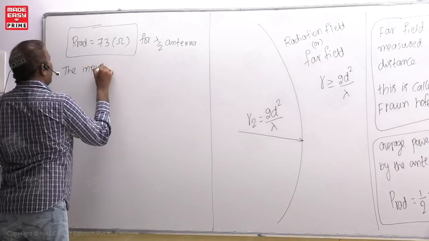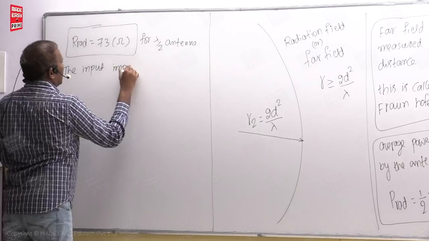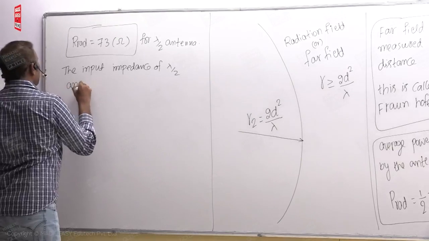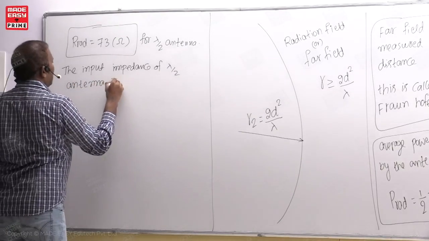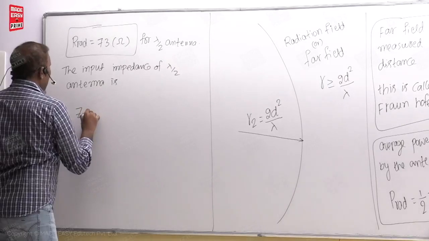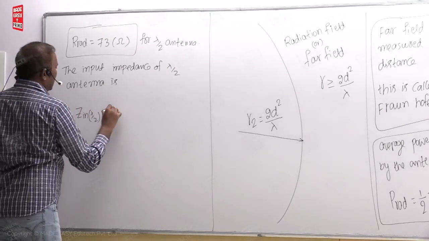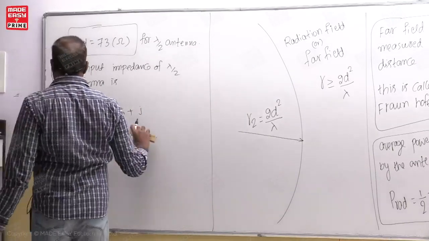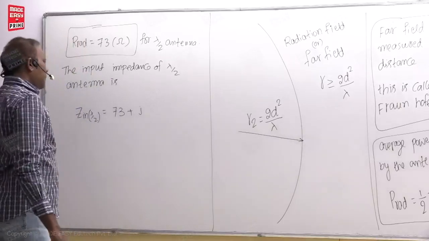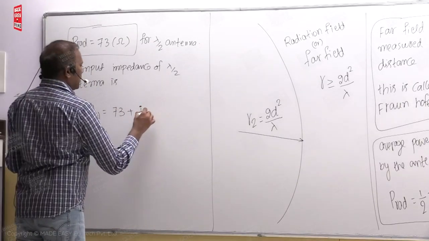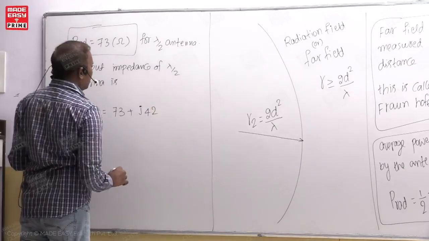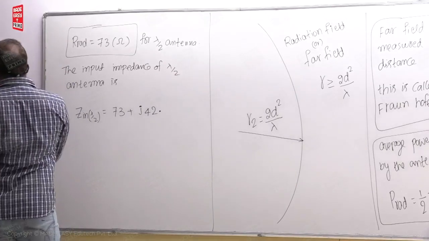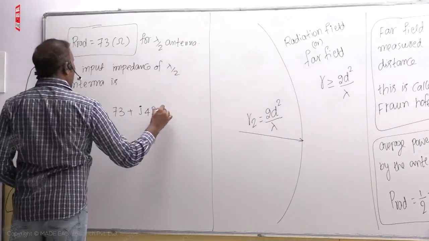Now the input impedance of the lambda by 2 antenna, Zin of lambda by 2, is equal to the radiation resistance, so radiation resistance is 73, and j 42.5.